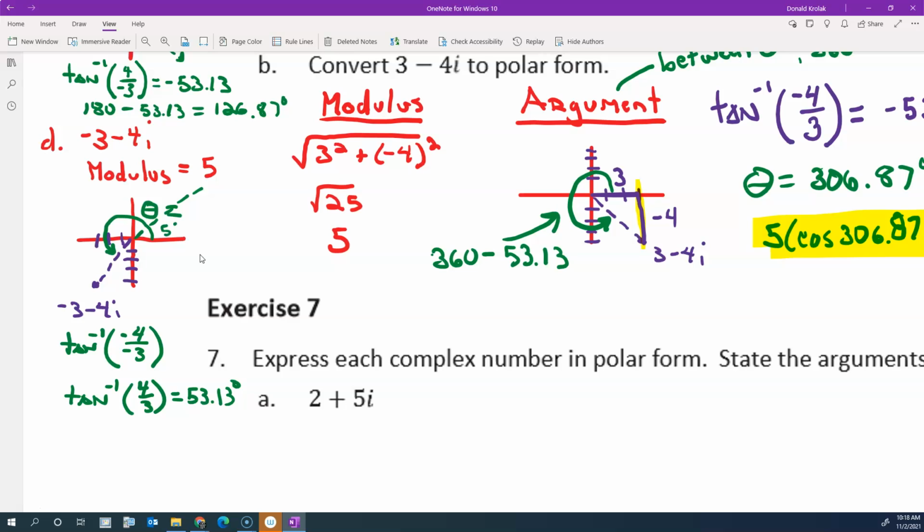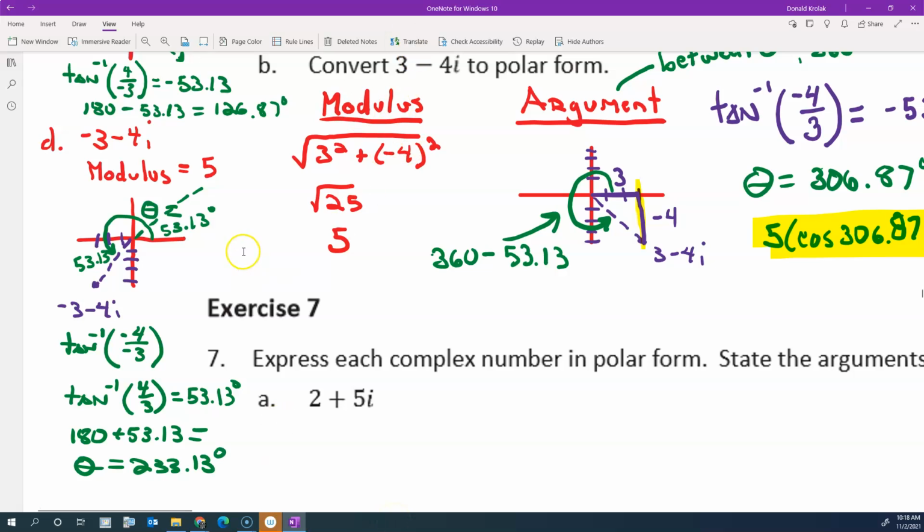This angle right there is 53.13, which makes this angle 53.13. And now you'd add it to 180. And the angle in this case would be 233.13. That would be your argument.